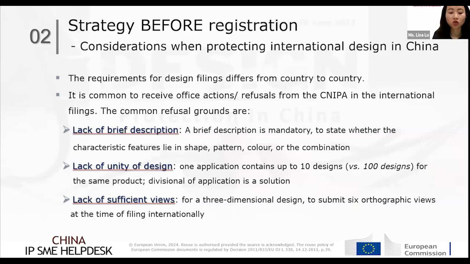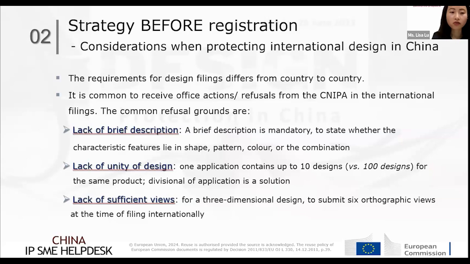But what you should keep in mind is that if you use the international design, you should still check what the specific requirements in China are, and make sure when you file the international application or registration, you already satisfy those requirements, or you should discuss with the patent attorney when you decide to extend your international design to China.